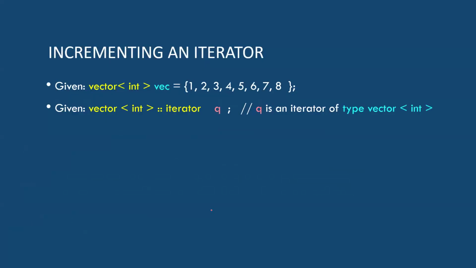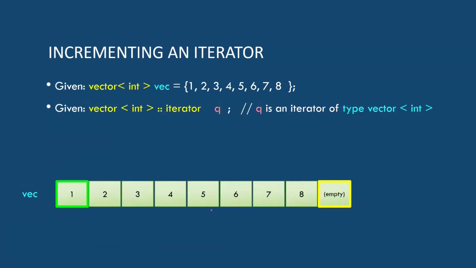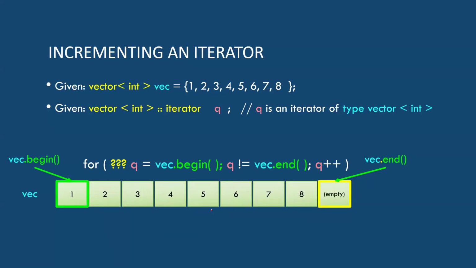So here is a q. It's kind of like saying int x, but it's a pointer kind of thing. There's my vector, vec. So for this big messy thing up here: q equals vec.begin, semicolon, continue while q is not run into the bumper on my container, q++.